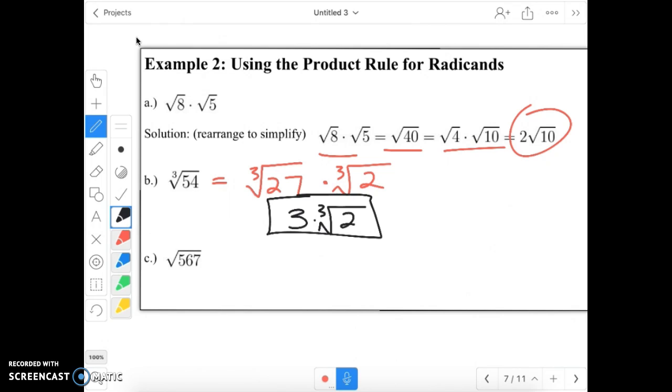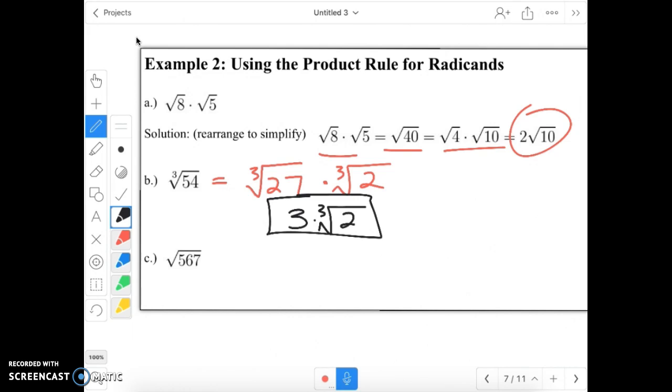For this last one, I'm taking square roots here. I'm just going to divide a couple things. 567 divided by, let's try 9.